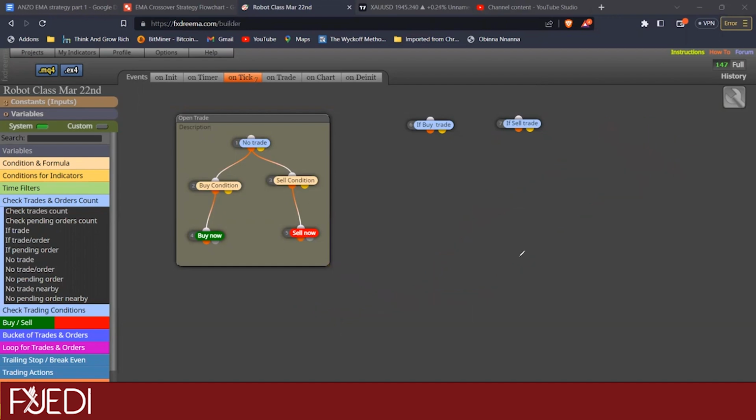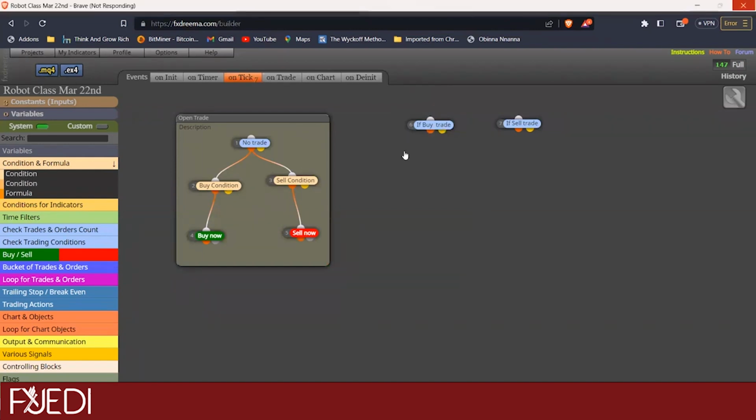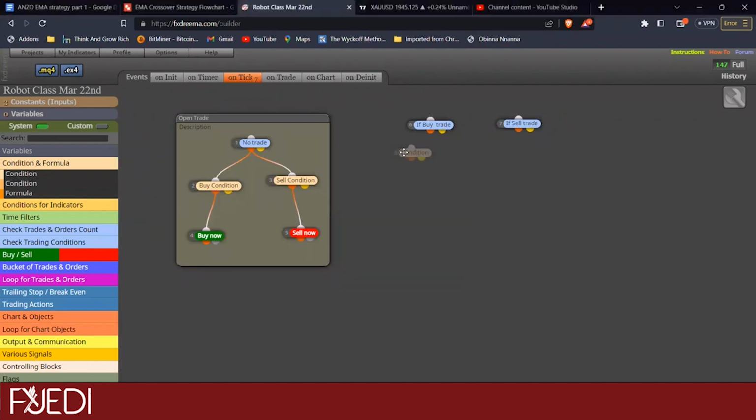Okay, so we close this. How do we define that? We still use conditions. It's just like with coding, you use lots of functions or variables with lots of if-else statements. So if there's a buy trade, check this condition, and if it is met, close the buy trade. Otherwise, if the trade is a sell trade, check that condition, and if the conditions are met, close the sell trade.